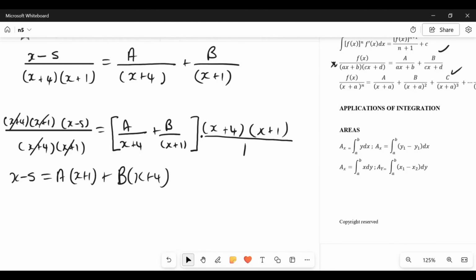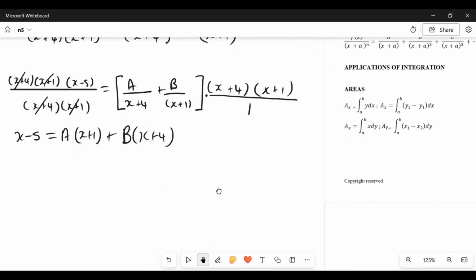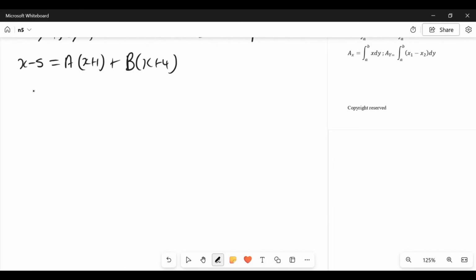So the next step here is to use the grouping method. So let's create a space so that we can do the grouping method. The grouping method is very, very simple. You look at the x with the highest power here, especially on the left hand side. We know that x has the power of 1, which is the highest. So all the coefficients that are multiplying x to the power of 1, we're going to write them here.